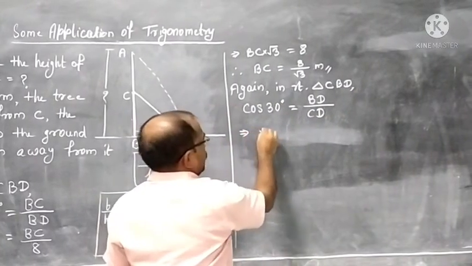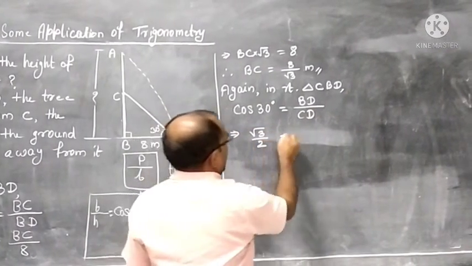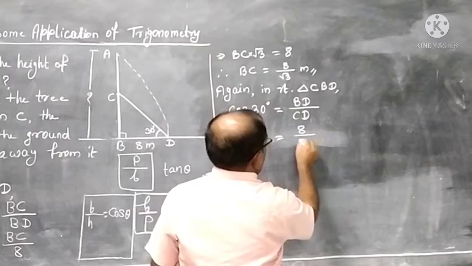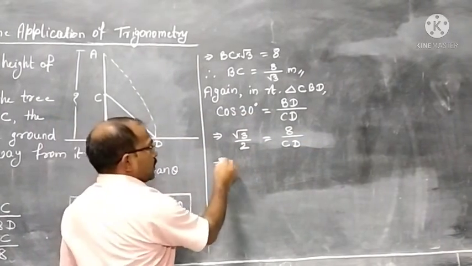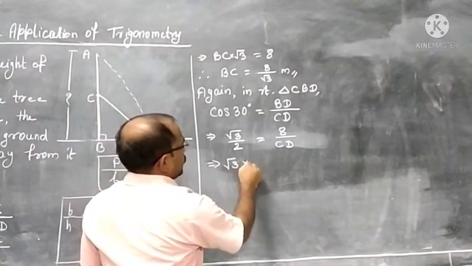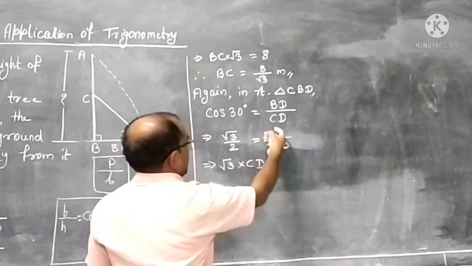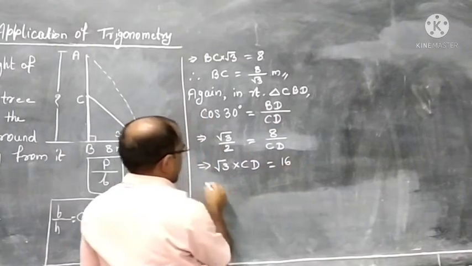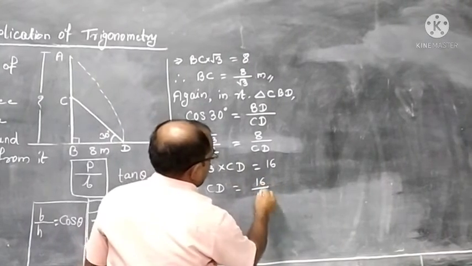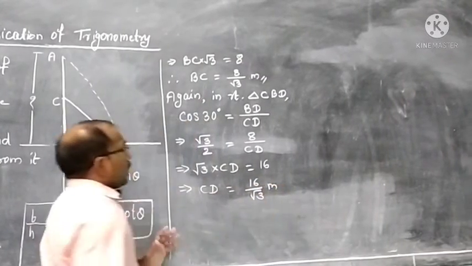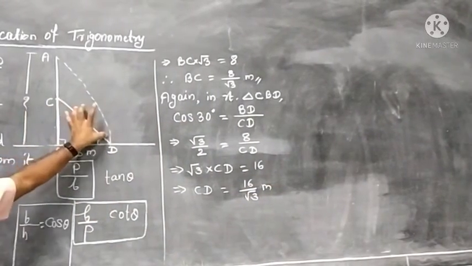Cos 30 degree value is root 3 by 2. BD we know, that is 8, and CD we do not know, that is the broken part of the tree. We will do cross multiplication, root 3 into CD or CD into root 3, 8 into 2, 16. We get CD is equal to 16 by root 3. We have found the broken part.